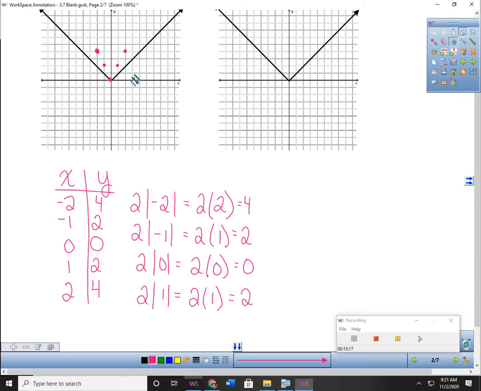Stretched it vertically. Make sure you put arrows on the end of your absolute values. Okay, any questions on that one?